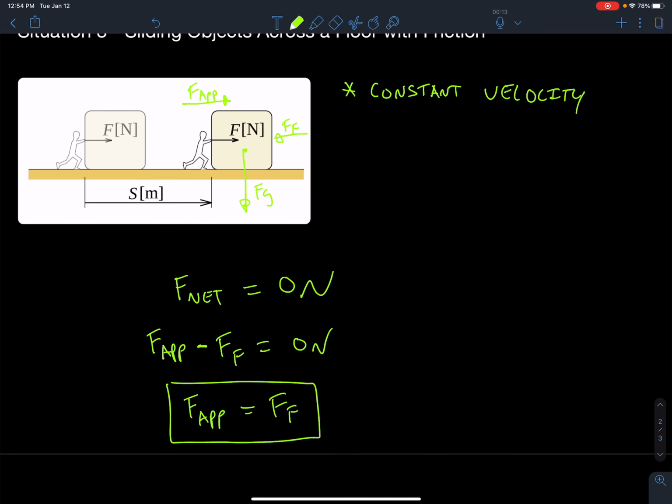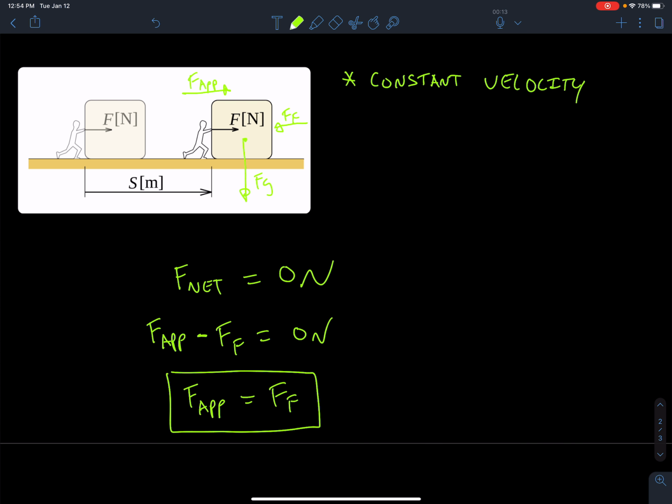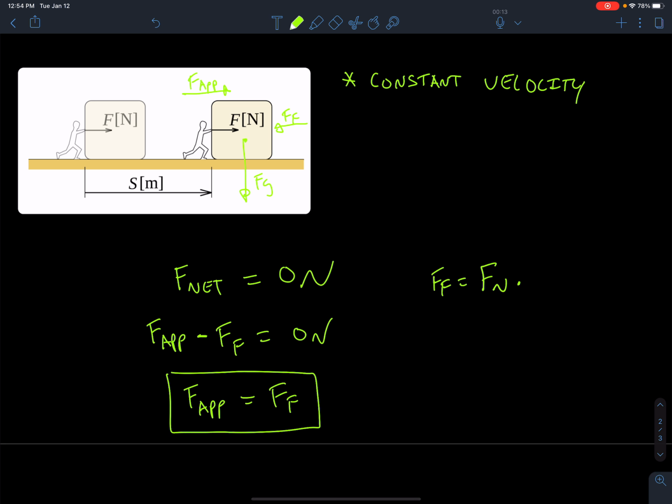Okay, and that's important because what is friction? Well, the force of friction is equal to the normal force times mu, if you remember from previous work that we did. So then the applied force that this guy is going to be pushing is equal to the normal force that the floor is pushing up with times the friction coefficient.